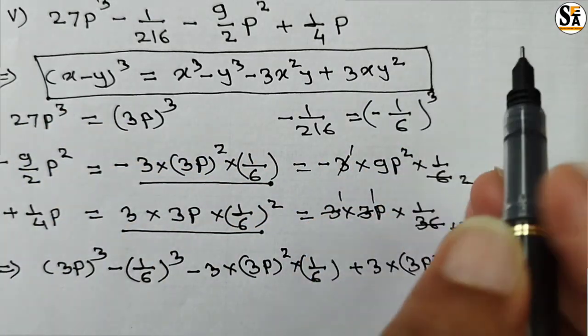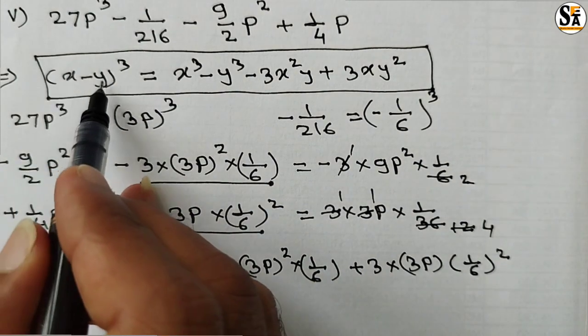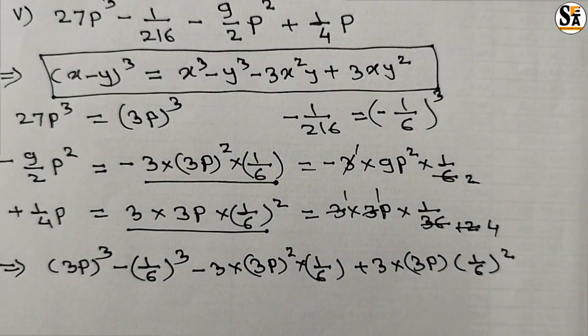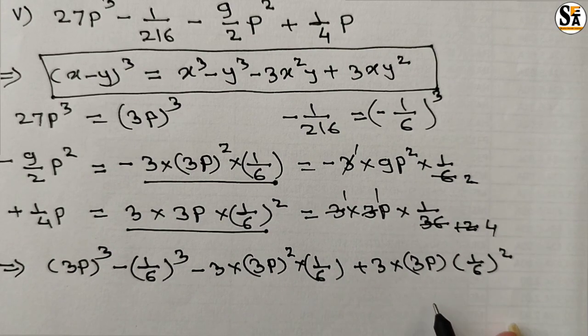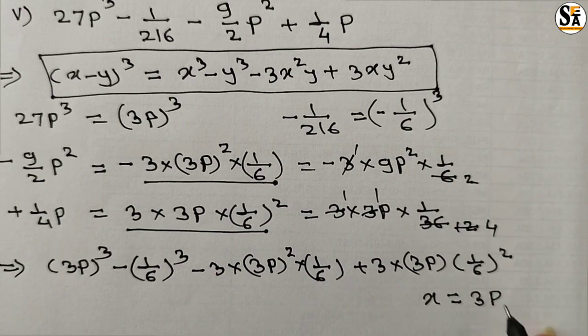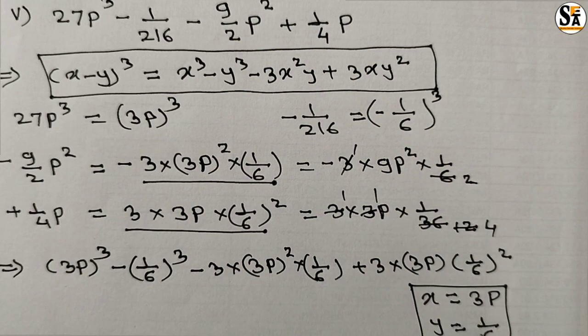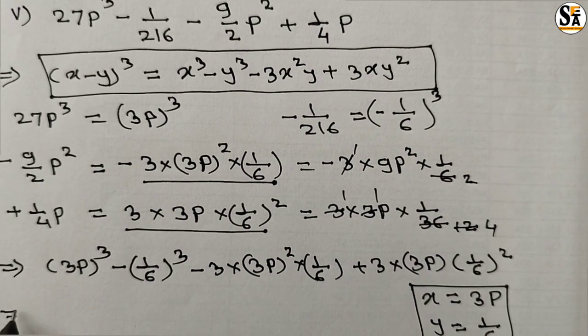So we can match and convert this expansion as (x minus y) cube. Here we got x is equal to 3p and y is equal to 1 upon 6. So this is our assumption. We can put x is equal to 3p, y is equal to 1 upon 6. So what will be our factors?